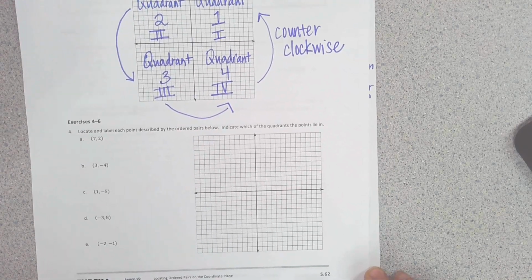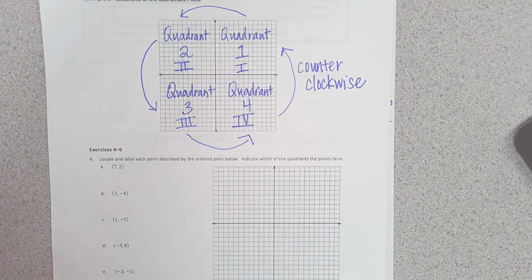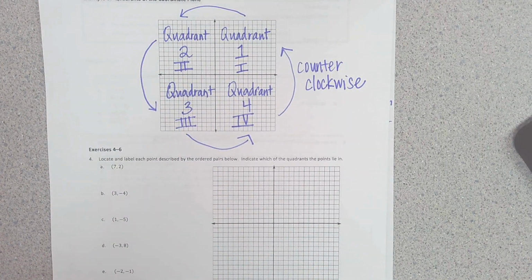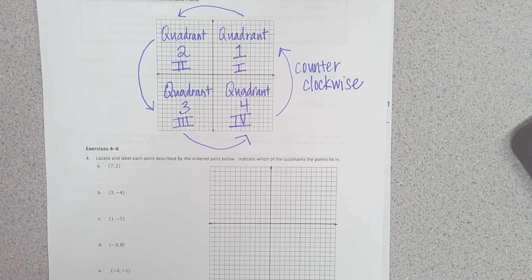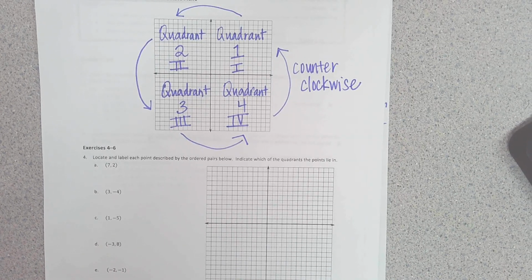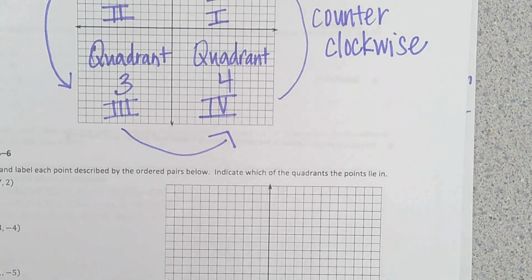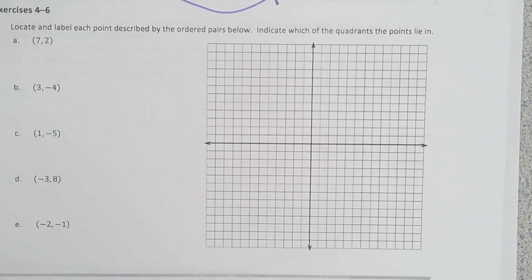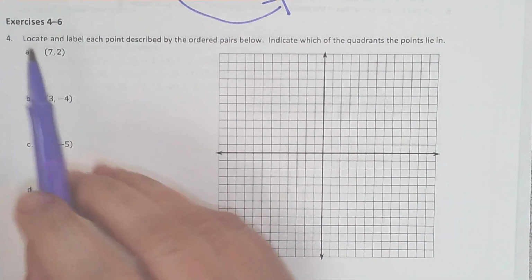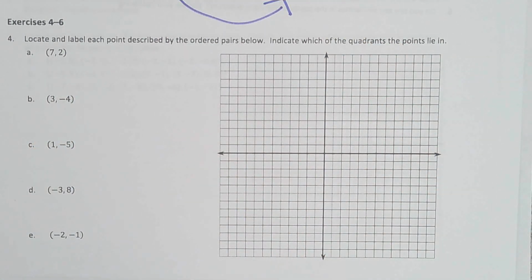Now we're going to go practice plotting these points, and I'm going to zoom in. Okay? Thumbs up when I can move on. Okay, so we're going to locate and label each point described by the ordered pairs below.